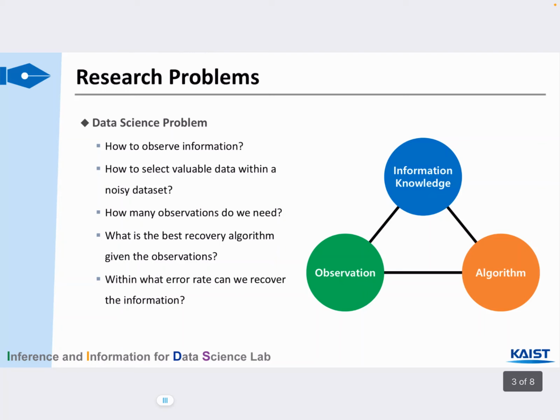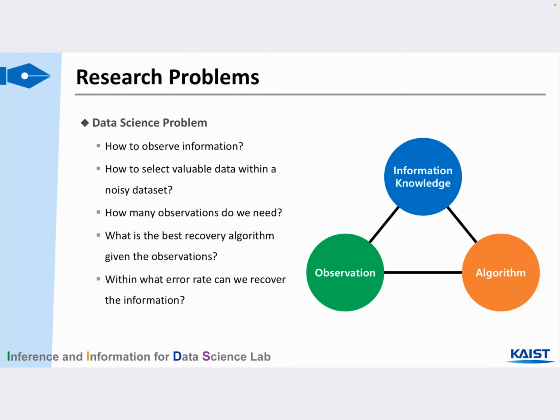If I have to choose one keyword that best explains the research in our lab, I would choose data science. And I think there are 3 common components in data science problems. First, there is information or knowledge that we want to obtain. Second, we are provided with some observation about the information, but this is sometimes incomplete or can possibly have some noise in it.